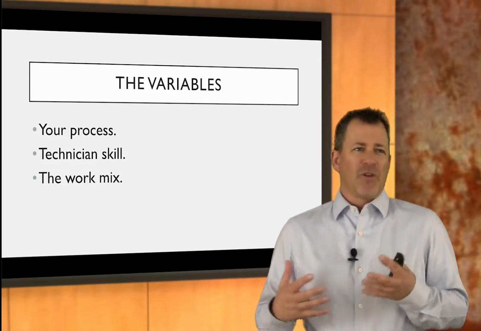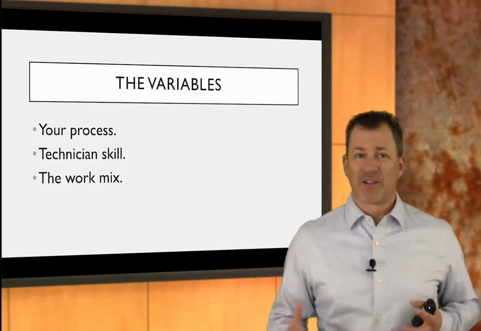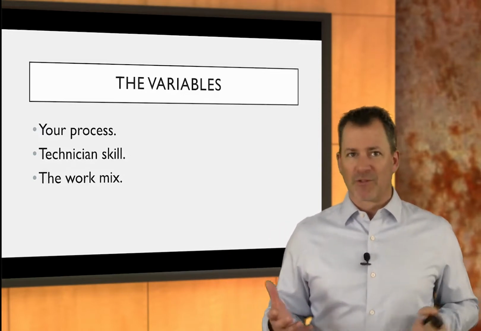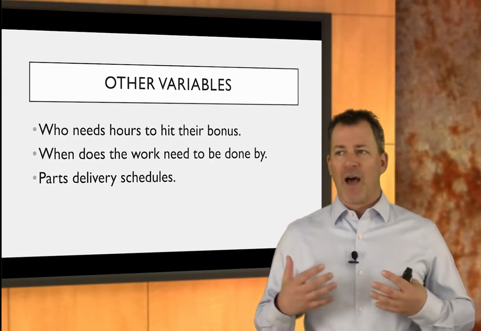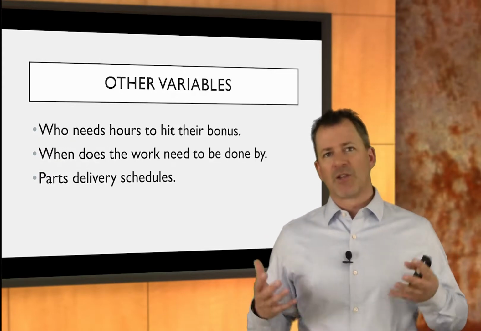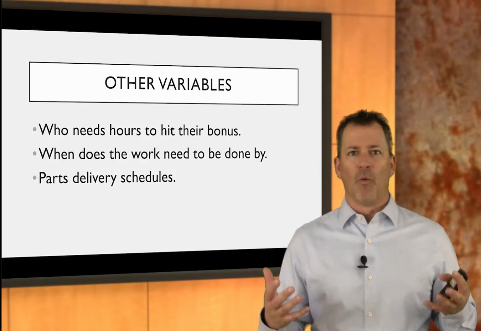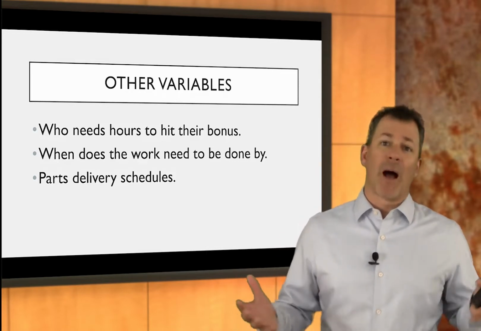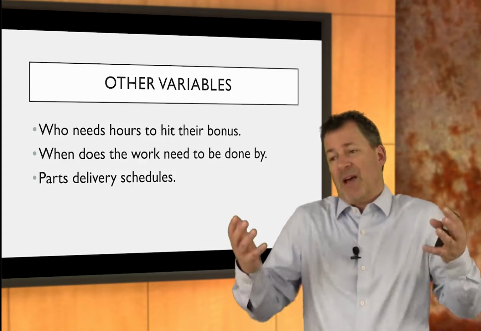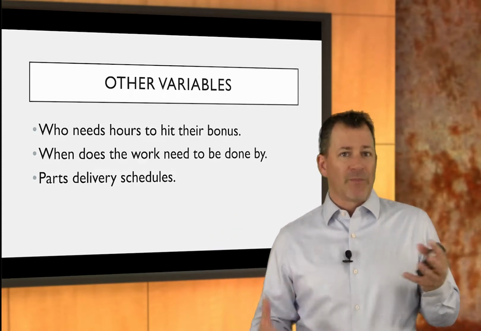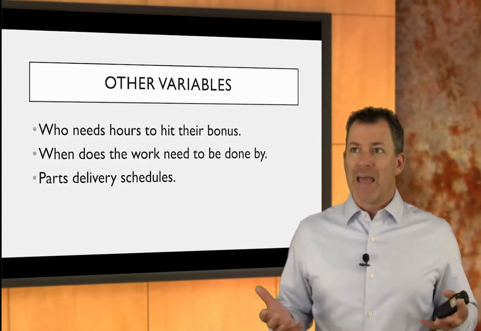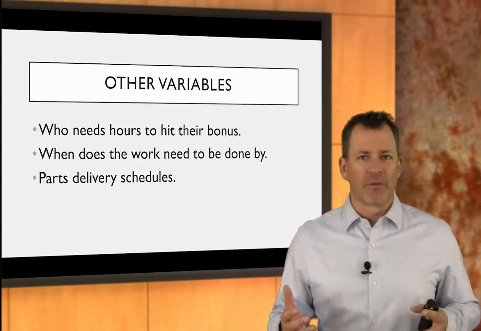And we've got some control over process and technician skill, but the work mix, that's going to vary day to day, right? Tremendously. And then we've got the individual technicians and who needs to hit what hours to get to their bonus. That can be a big deal in some shops. Other shops, if they're all paid hourly, no big deal. But sometimes it's about the number of hours the technicians get handed so they can hit their bonus.